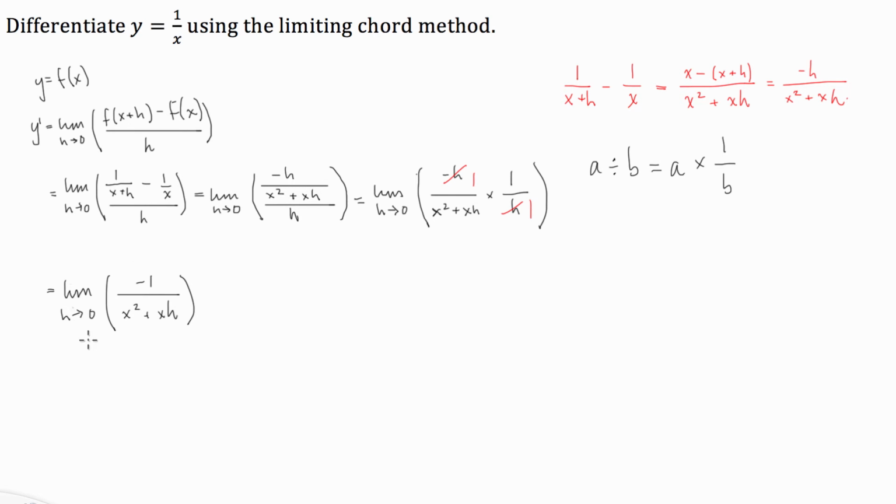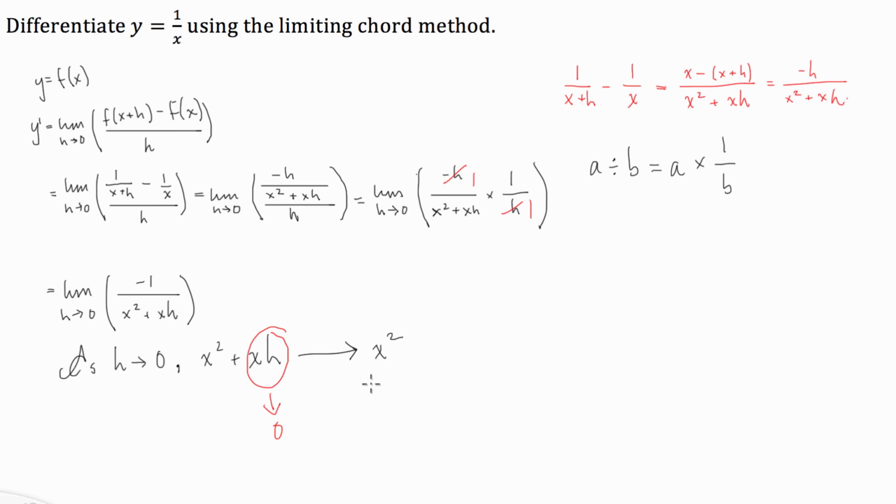Now, once we get to this point where we think we can't really simplify it any further, we then do what's called like a limiting statement. So we actually take the limit as h approaches 0. So the way I do this is I write as h approaches 0, comma, x squared plus xh will approach x squared, because this function here, as h approaches 0, will approach 0.